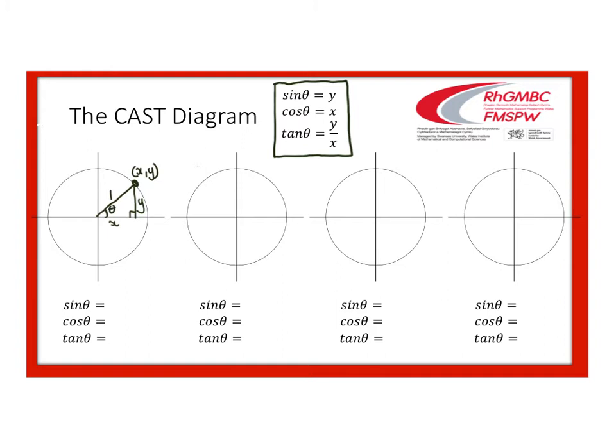What we can now do is extend this idea that we've seen in order to get definitions for trigonometric ratios of angles greater than 90 degrees. So for example, let's go for an obtuse angle. Measuring from the x-axis, an angle between 90 and 180 degrees is now in that second quadrant.